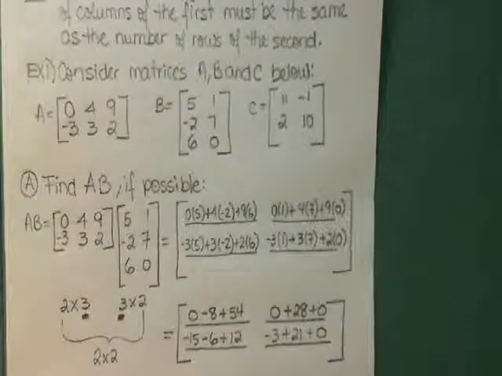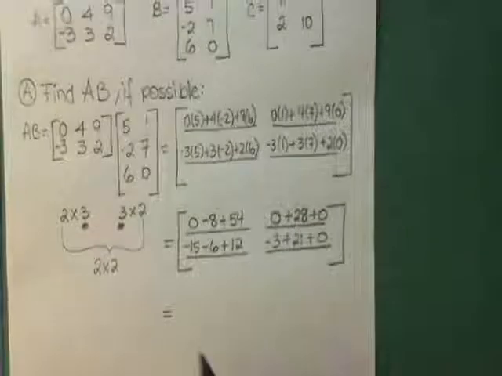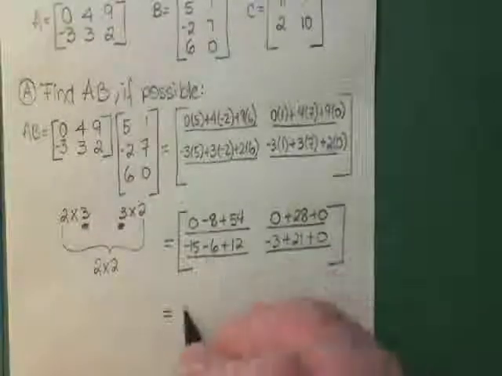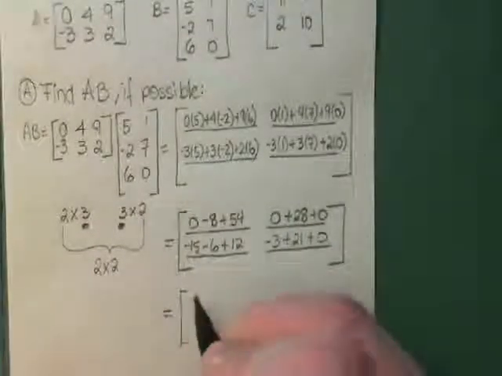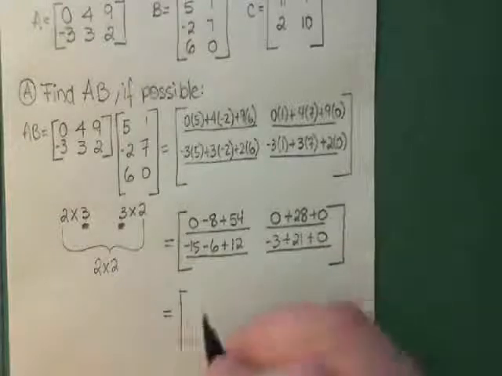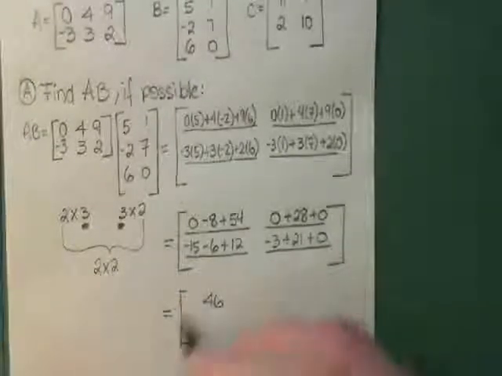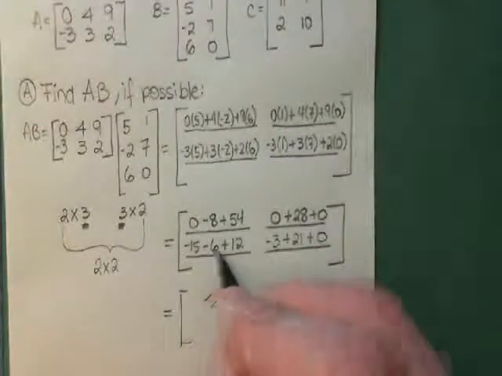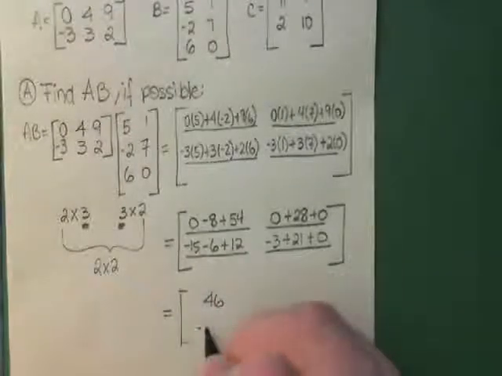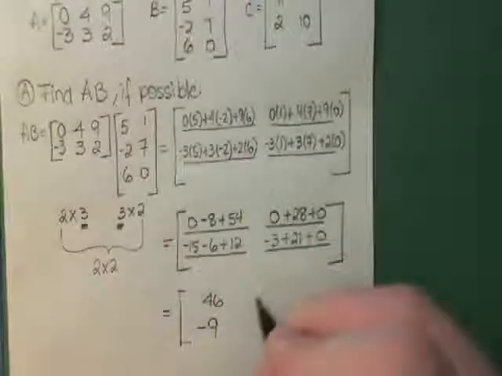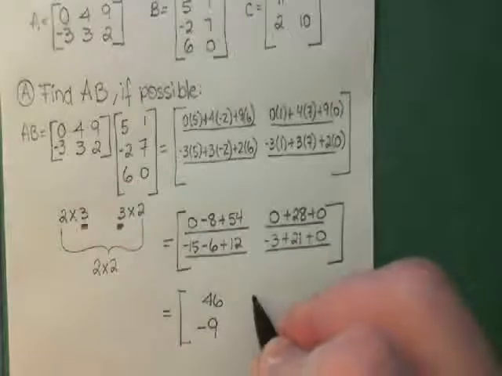And last thing then is to combine them. 0 minus 8 plus 54 will be 46. Negative 15 minus 6 plus 12 is negative 9. And 0 plus 28 plus 0 is 28.